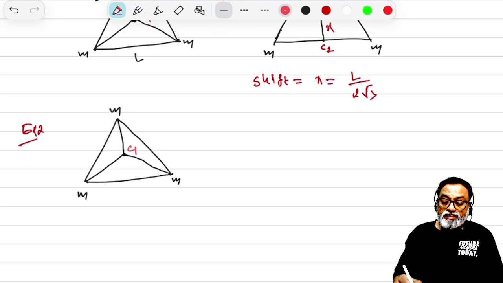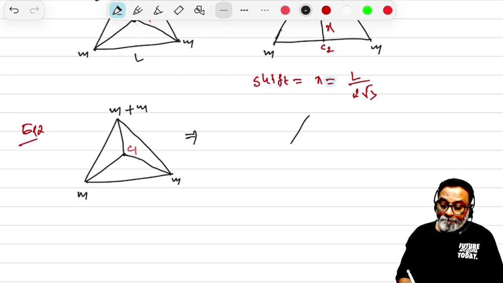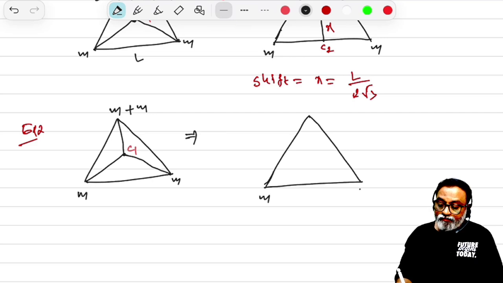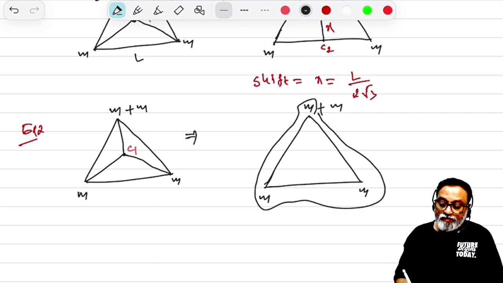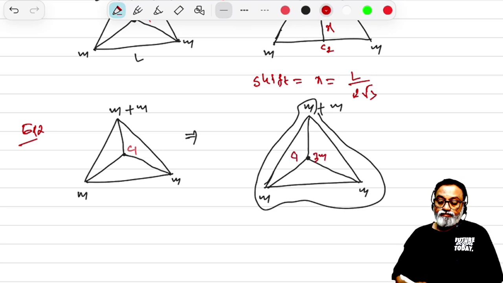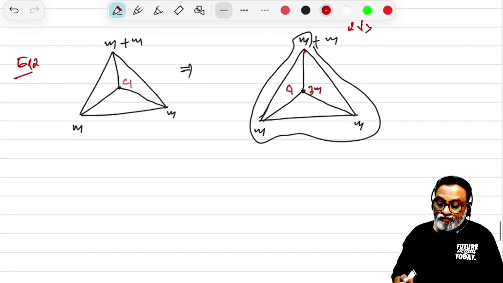If any one of the masses is doubled, for example, this one is doubled, now this becomes M, M, M, and plus M. Therefore, these three masses are initially at the centroid, that is C1. Total mass is 3M. Now this is another mass M. Now the system is like this.